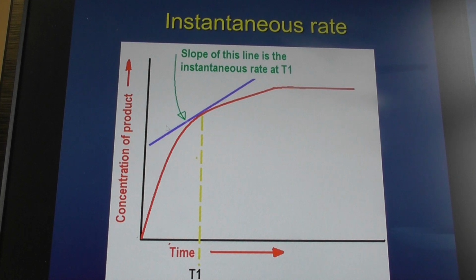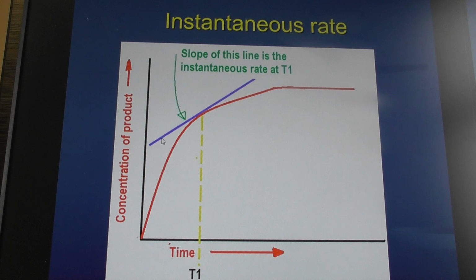Essentially what that means is to draw a straight line that touches the curve once and only once at that point there. Once you draw that line, you can draw it any length. We pick 2 points on it. So you could pick here and down here and get an x value and a y value, just like in coordinate geometry.